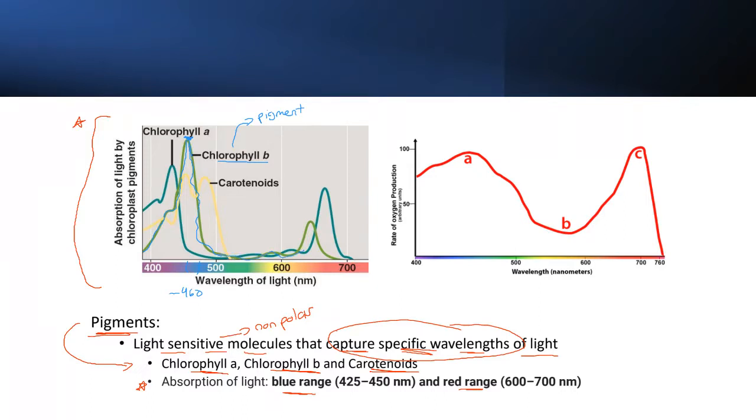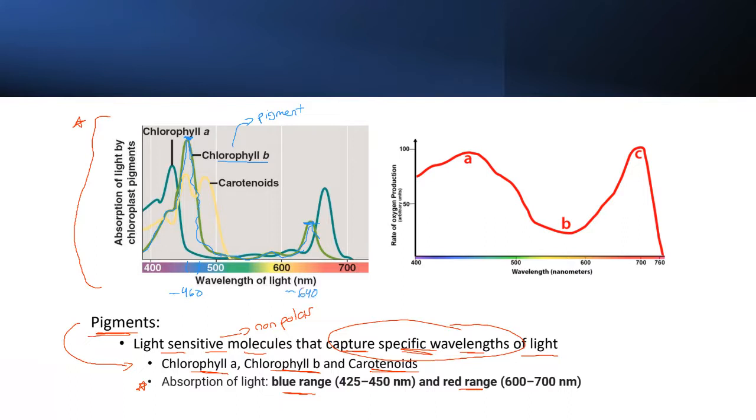And then it gets a little bit good when it gets to the orange part. Here is another little cliff, another little mountaintop where chlorophyll B is somewhat good at absorbing. So chlorophyll B is also pretty good at absorbing light around 600, maybe 640.